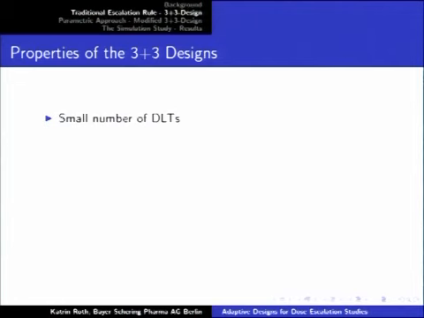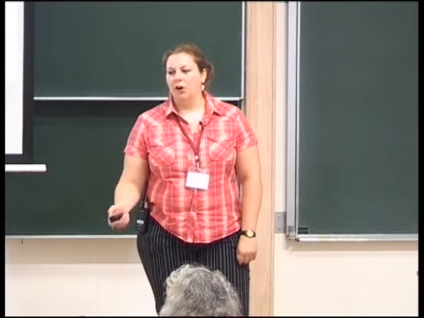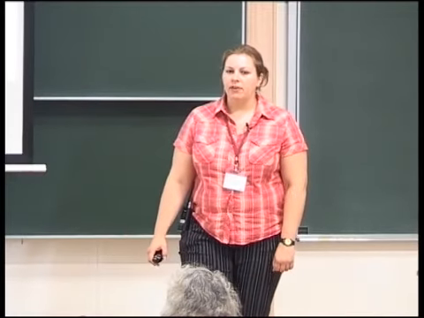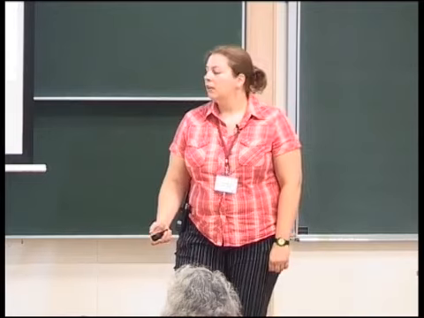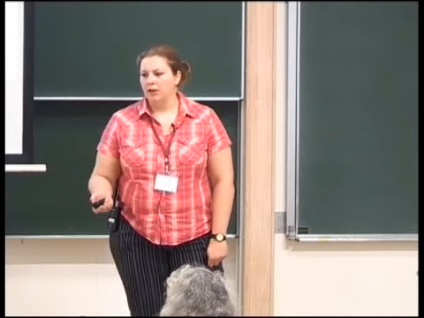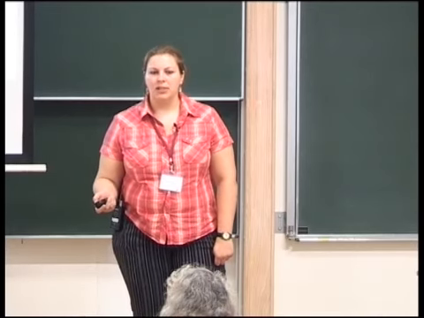Regarding the properties of this 3+3 design, typically we only observe a small number of dose-limiting toxicities in these studies. It's like 3 or 4 DLTs in the whole study. But when the starting dose is very low compared to the actual MTD, we need to include lots of patients until we finally reach the MTD, so the number of patients gets large.